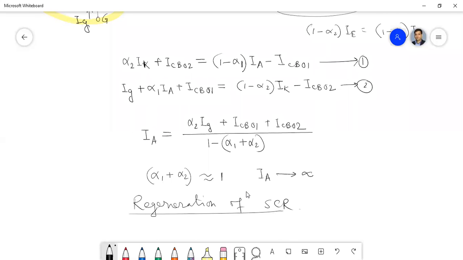So this is how we can explain the working principle of the thyristor. Any doubt?